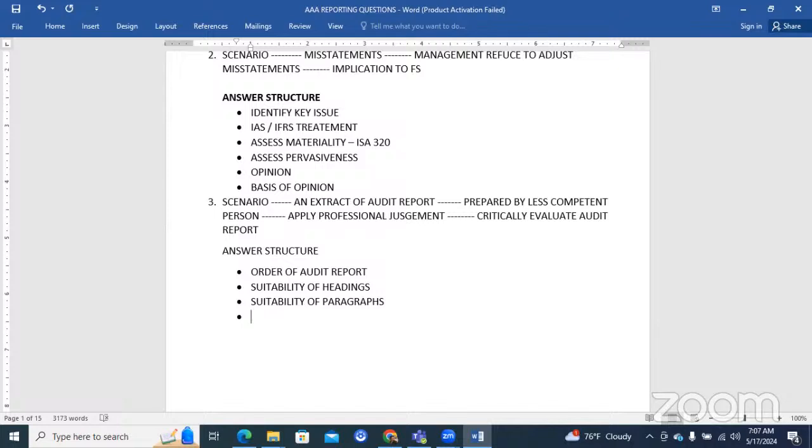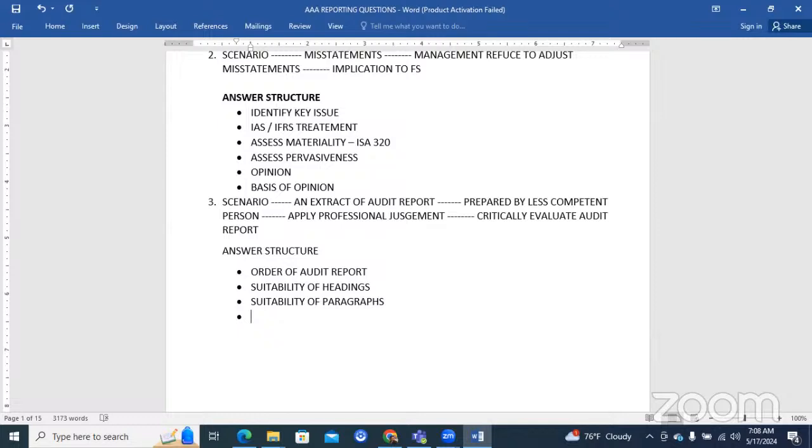For example, emphasis of matter paragraph means whatever the things correctly accounted and correctly disclosed in the financial statements, but still the auditor feels it is important to disclose such matters to shareholders. Those matters come under emphasis of matter paragraph.